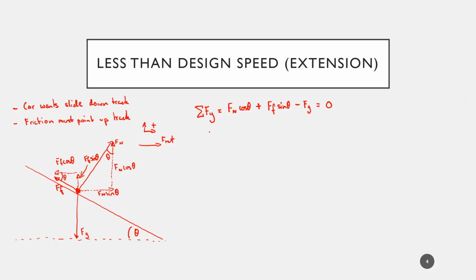Solving for the normal force using this equation gives me Fg over cos theta minus friction tan theta. Why tan? Because I have friction sine theta divided by cos theta. Sine over cos is tan. So I've developed a way to represent my normal force in terms of gravity and friction.